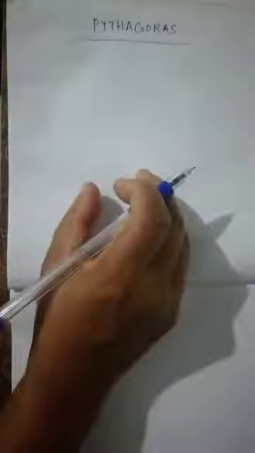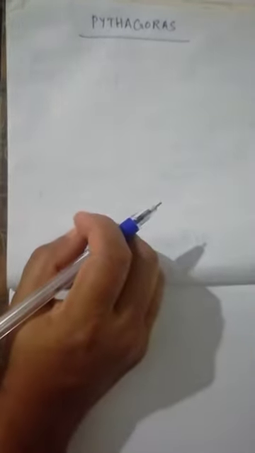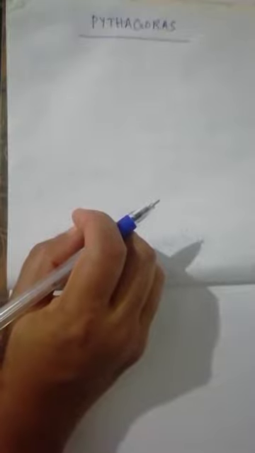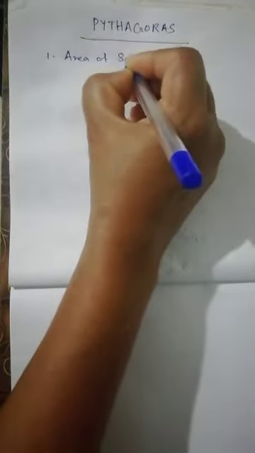But before studying Pythagoras theorem, we first have to know the concepts used here. What are the concepts? The first concept is the area of a square. You know how to find the area of a square.